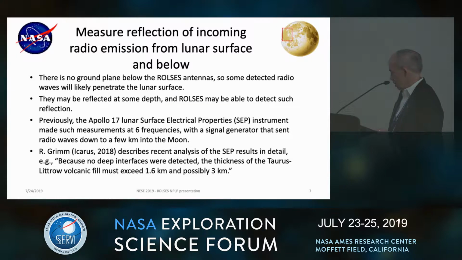And the Icarus article by Grimm describes the recent analysis of these results, and because no deep interfaces were detected, the thickness of the Taurus-Littrow volcanic fill where the rover was moving around must exceed at least 1.6 kilometers and possibly twice that. So reflections can give you useful data.